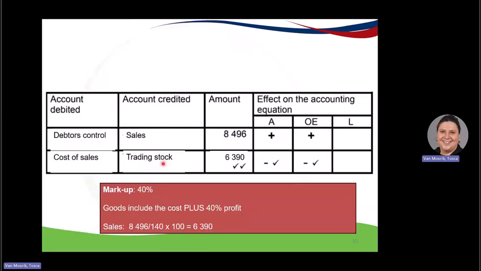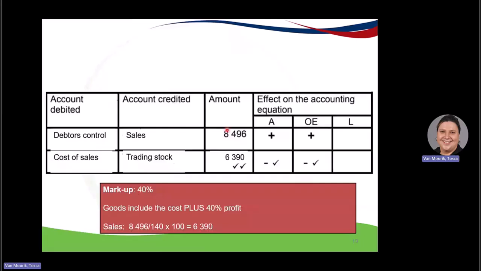And then with that is our cost of sales. So what was the cost price of this trading stock that we now sold? So the cost of sales will be debited. How did we calculate that 6.3? Remember the markup was 40%.